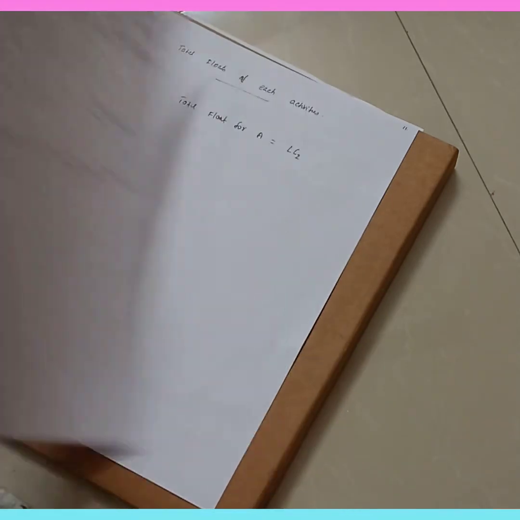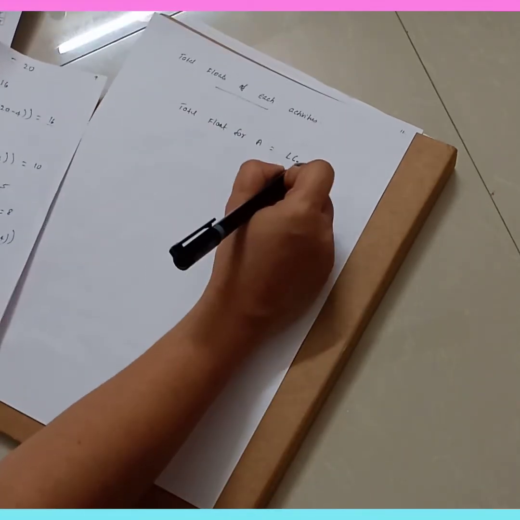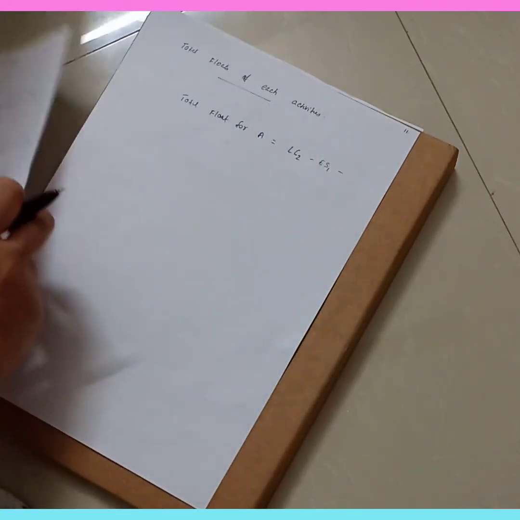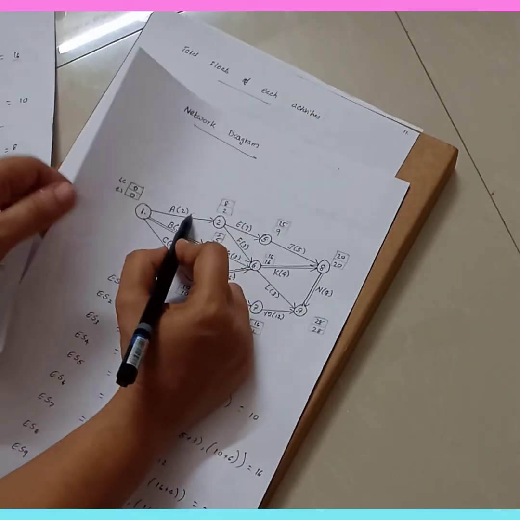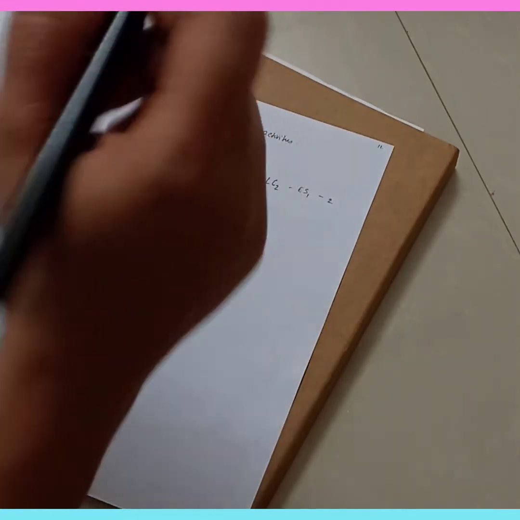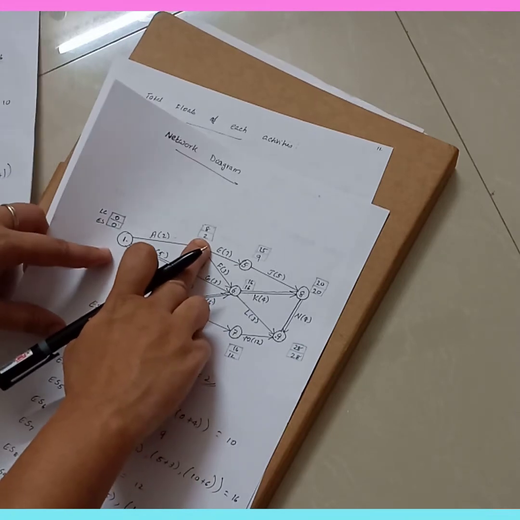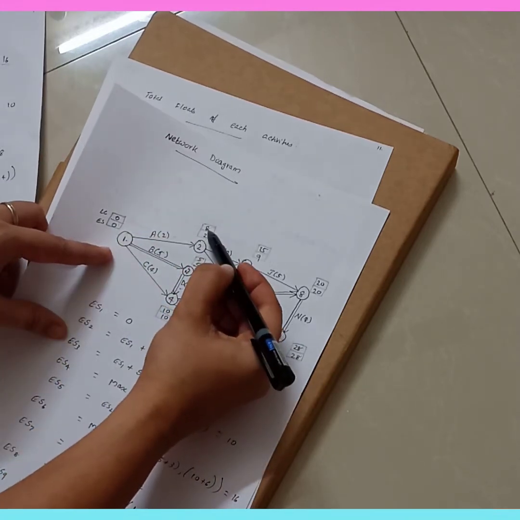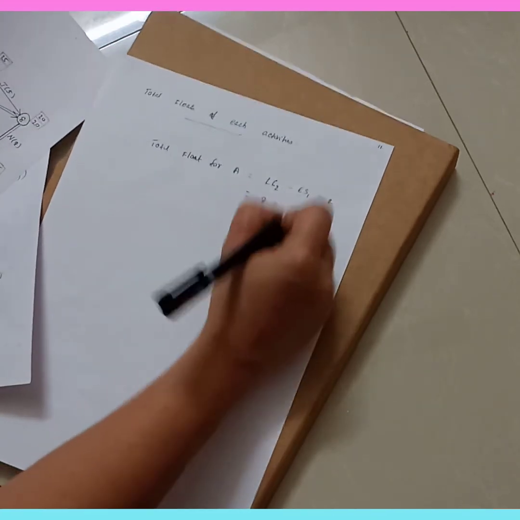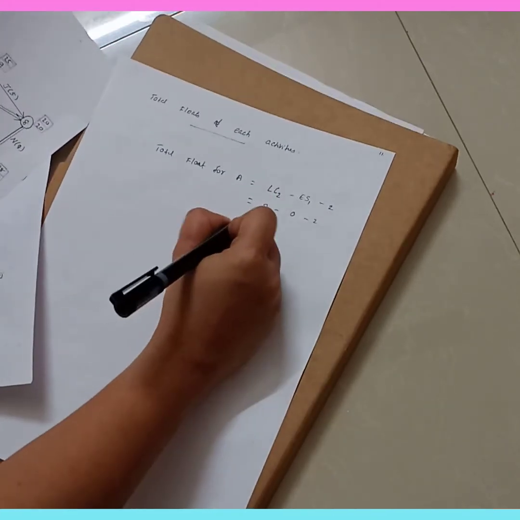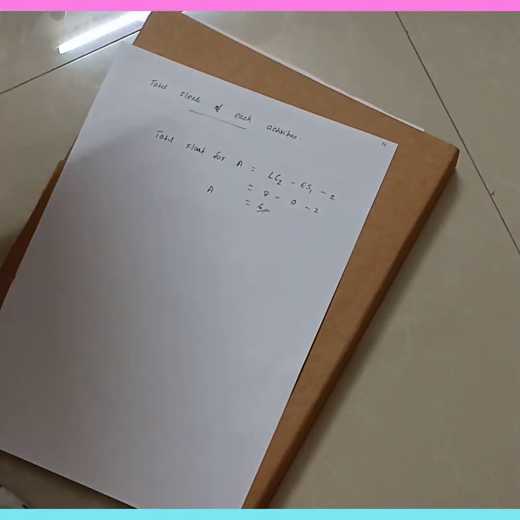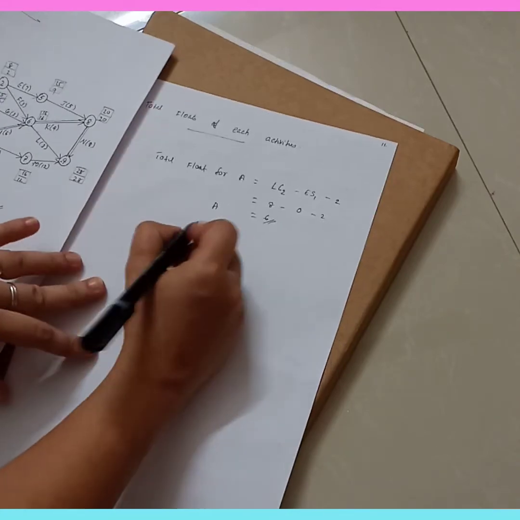So total float is equal to LC2 minus ES1 minus duration. So what is the duration for A? Duration for A is 2. So LC2, what is LC2? LC2 is 8. 8 minus 0 minus 2, which is equal to 6. So for A, the total float is 6. Correct?